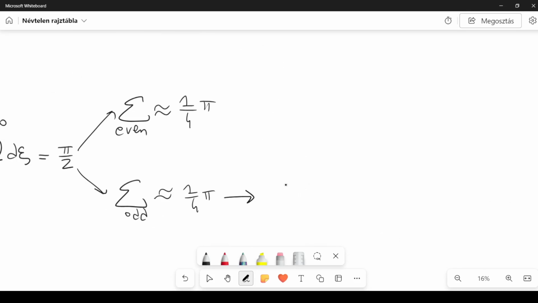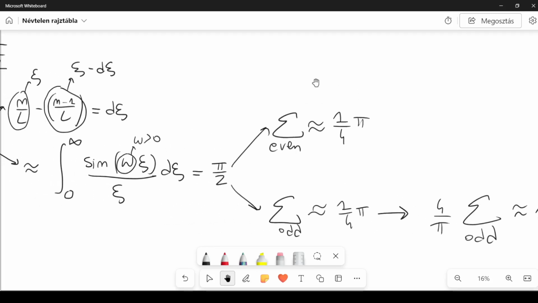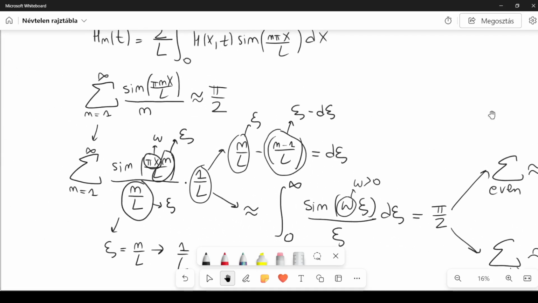So in particular, we will use the summation over the odd. So we know that 4 over pi times the summation over the odd numbers is approximately equal to 1. Now the summation over the odd integers, let me remind you what that is. So we basically have this evaluated at odd integers.